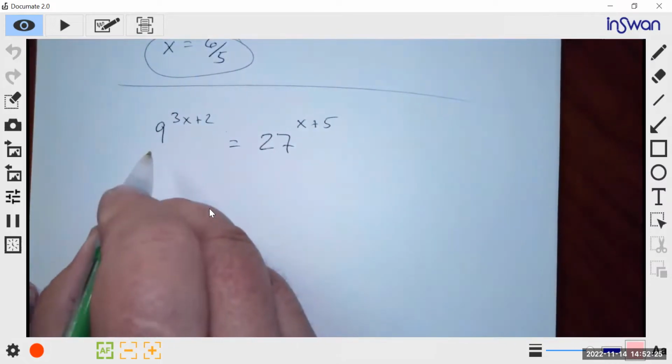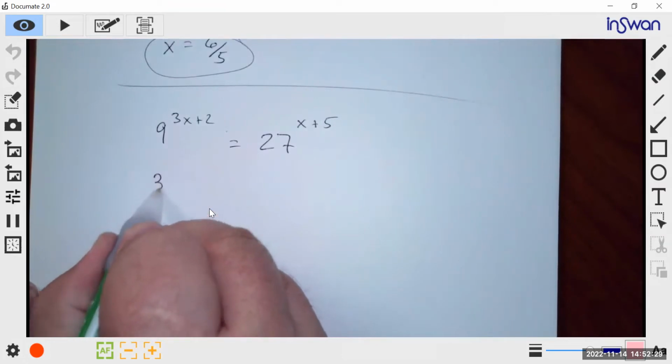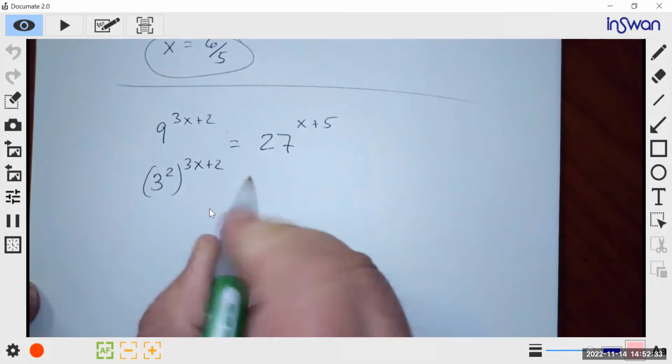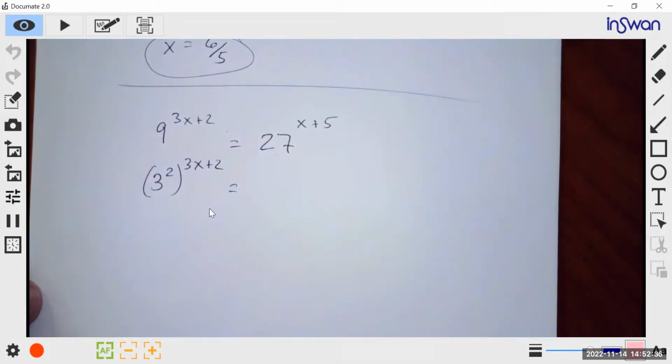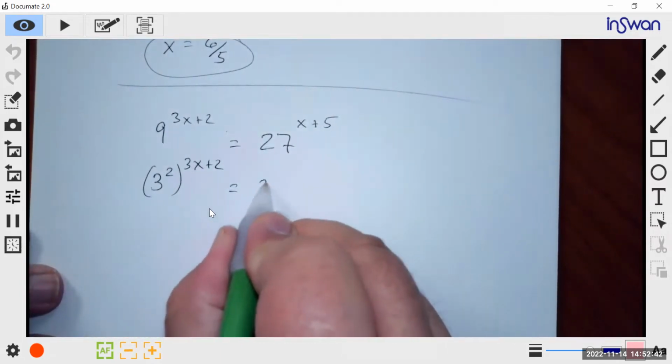What's 9 made up of? 3 times 3, right? So it's 3 squared. What's 27 made up of? 9 times 3, or 3 times 3 times 3. So it's 3 cubed.